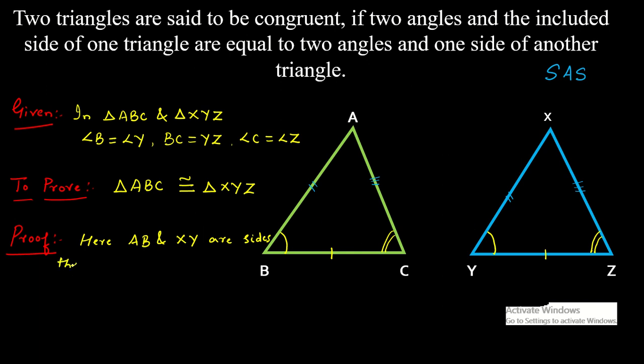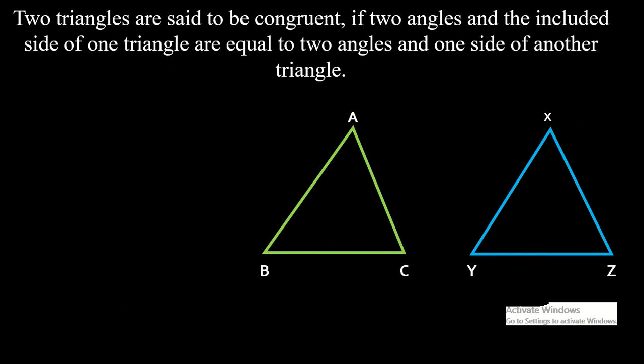If we compare their lengths, then either AB is equal to XY, or AB is greater than XY, or AB is less than XY. These will be the three comparisons between these two sides. So now let's take these three cases one by one and see what we get.